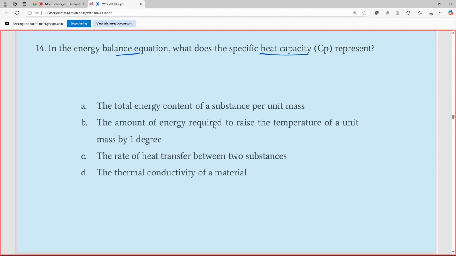Option B, amount of energy required to raise the temperature of a unit mass by 1 degree. Option C, rate of heat transfer between two substances. Option D, thermal conductivity of a material. Simple and basic question. What does the term specific heat capacity in energy balance equation represent?